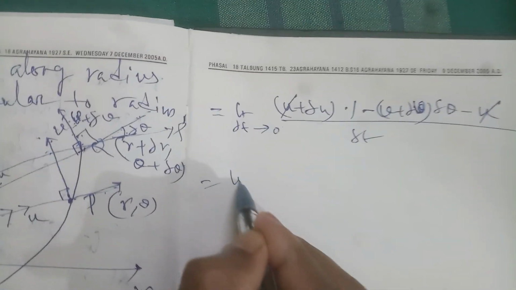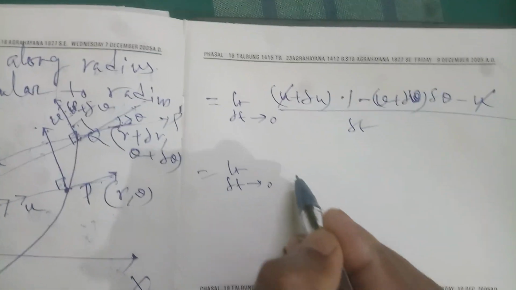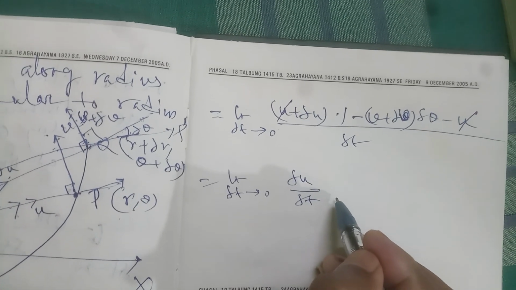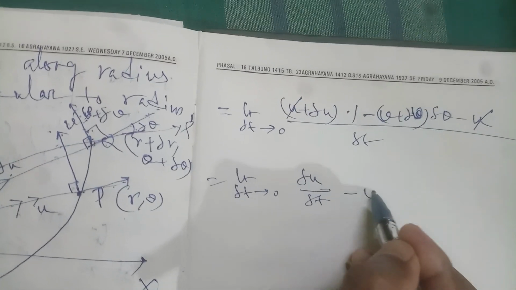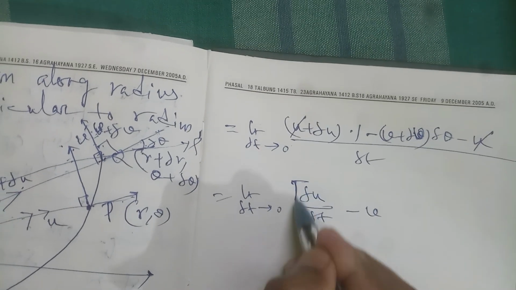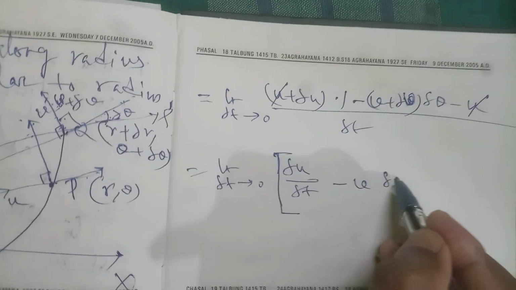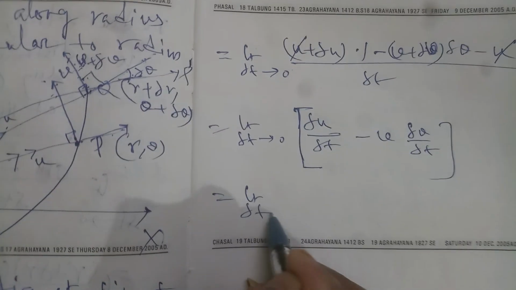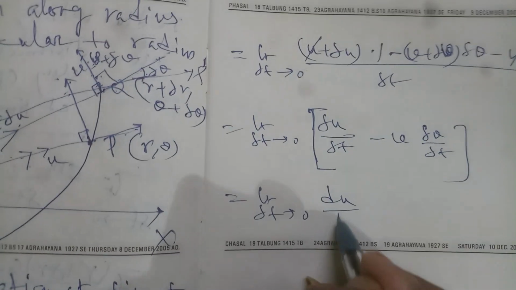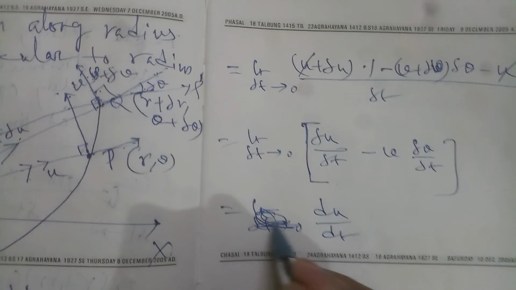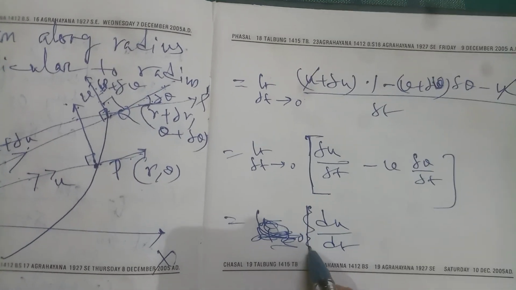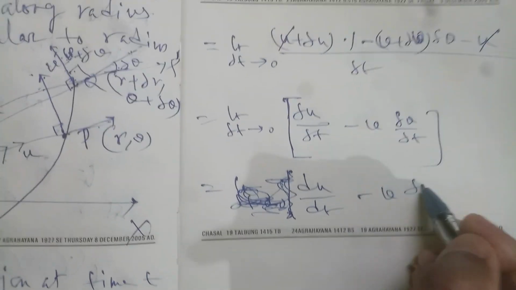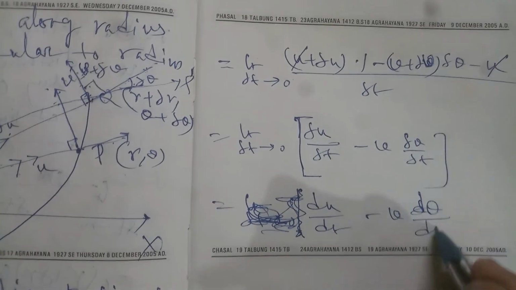So with delta t tends to 0, we have delta u by delta t and minus v delta theta by delta t. So it will be du by dt, minus v d theta by dt.